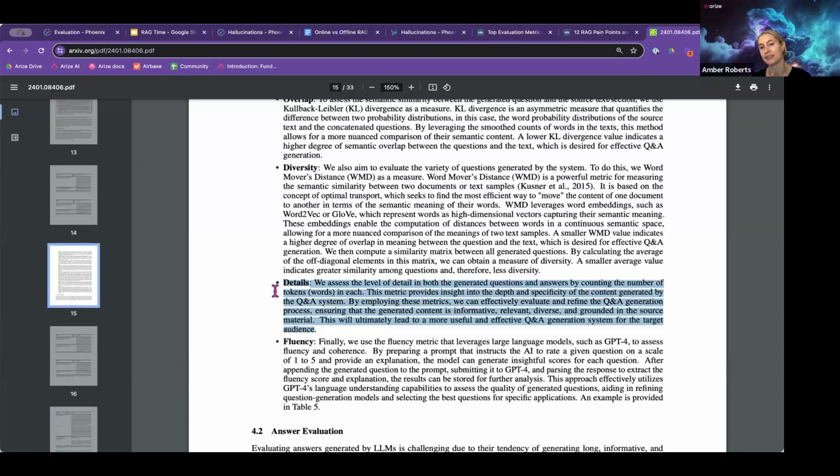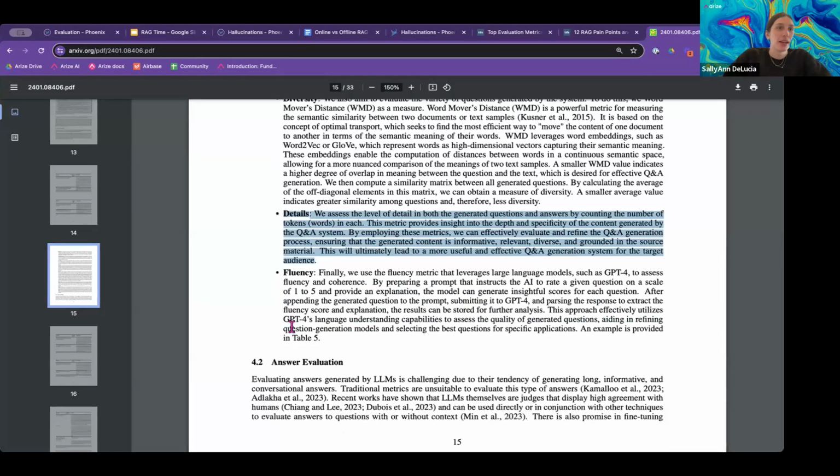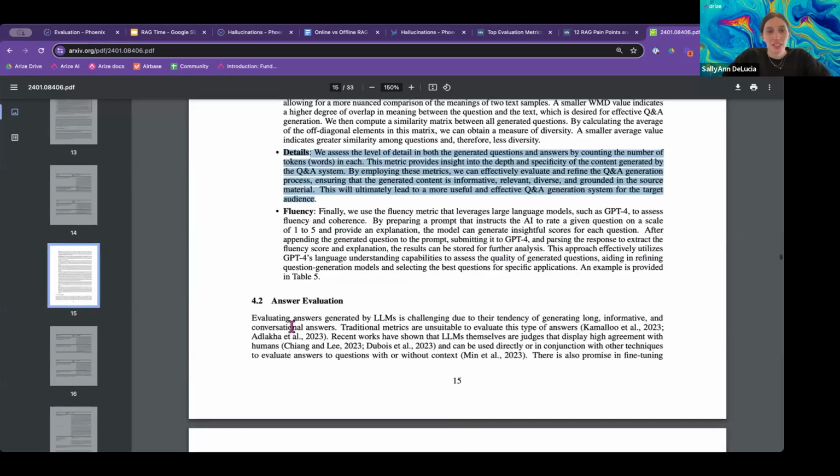So more words not being directly related to relevance, and sometimes being inversely related if it's a very long-winded answer. Yeah, totally agree. That one definitely caught me by surprise. So it's interesting to see.